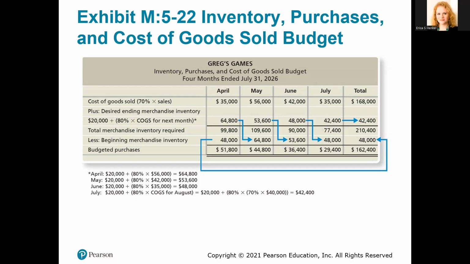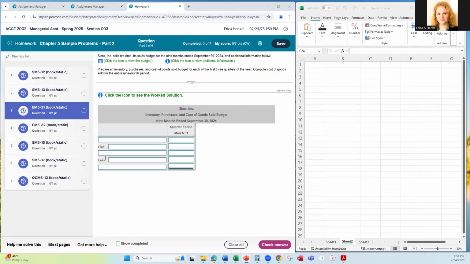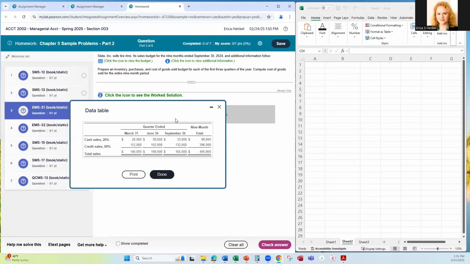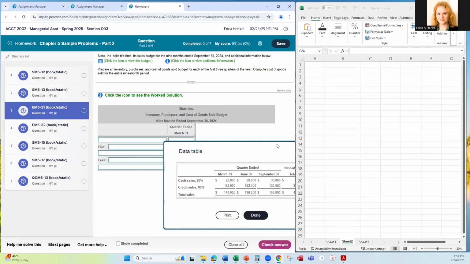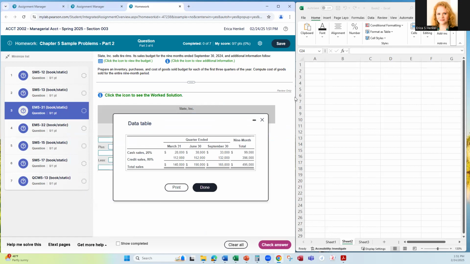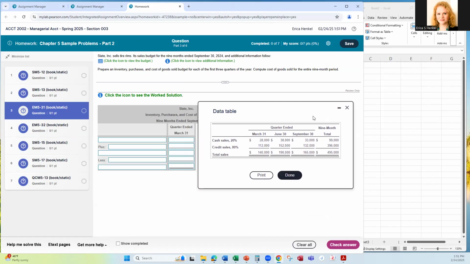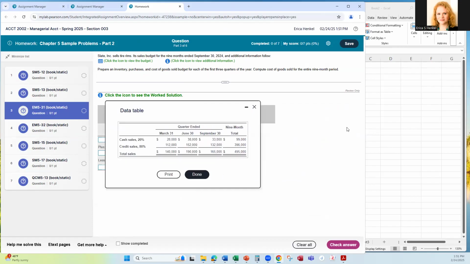So let's jump back to our problem here. We've got this company, and here are their expected sales for cash and credit. I'm going to make this a little wider here so I can see this whole box.